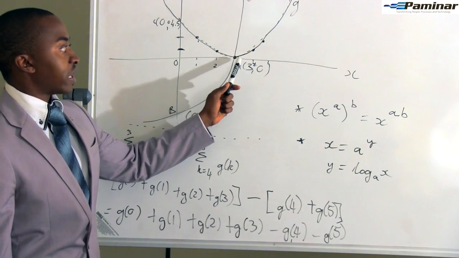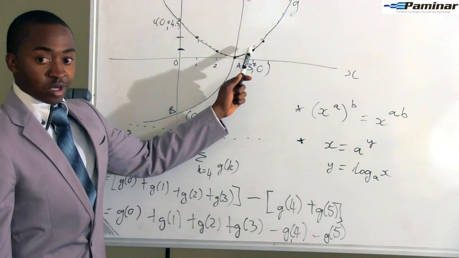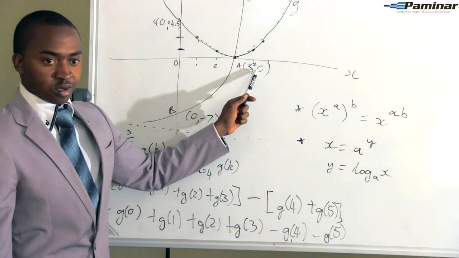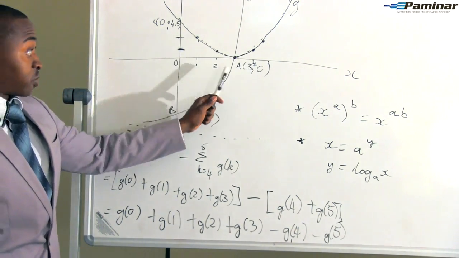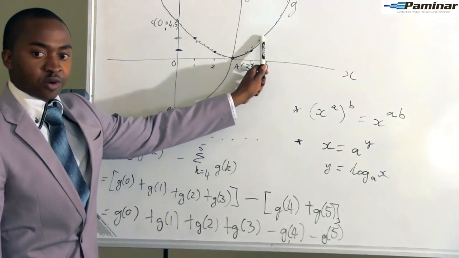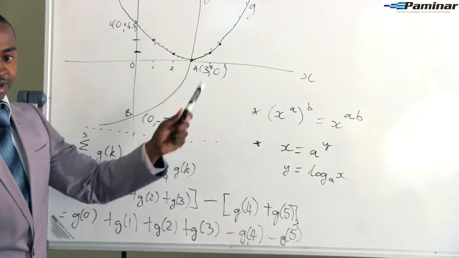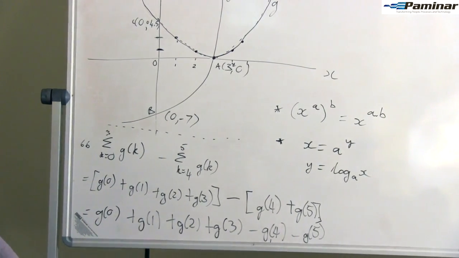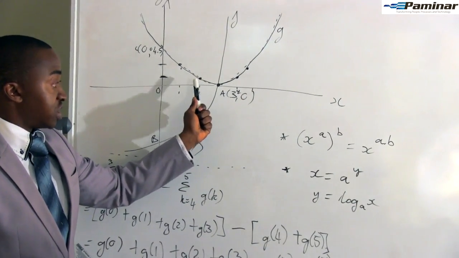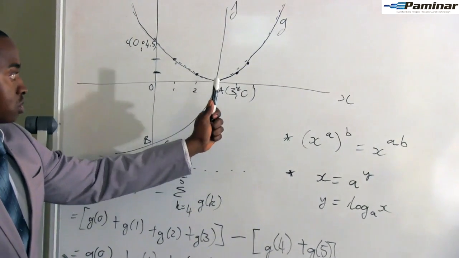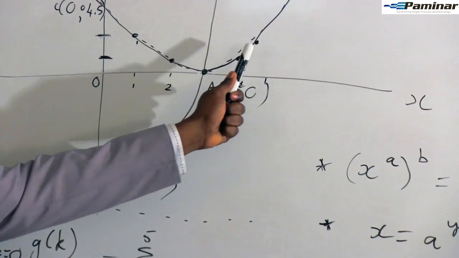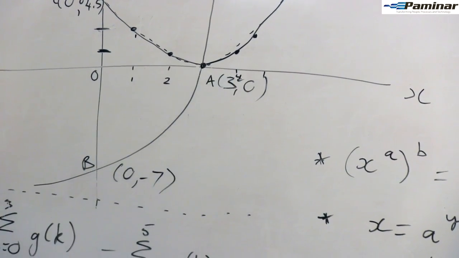This point 2 will have the exact same value when x is 4. The point 1 left, because that's 2 steps back, will have the exact same value when you take 2 steps forward because of symmetry. So in other words, we're dealing with g here. g of 2 should equal g of 4. g of 1 should equal g of 5.